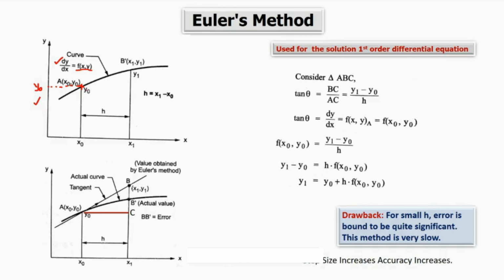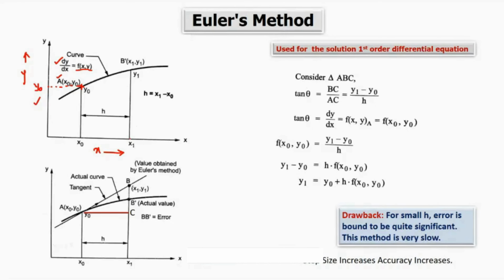This represents the x coordinate and the y coordinate. And the point on the curve is represented by A, so its coordinates are x0 and y0.